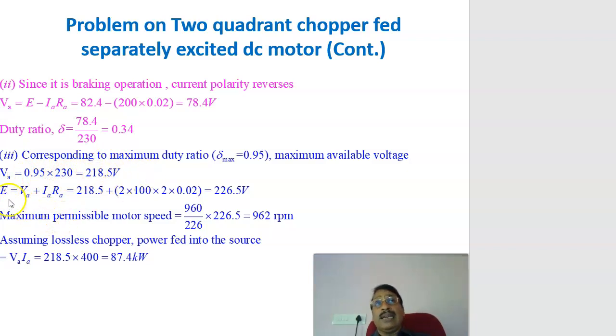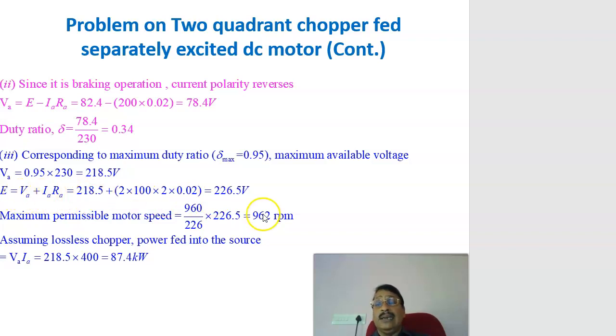Now the corresponding back EMF you can calculate, which is equal to 218.5 plus the current, which as stated is twice the rated current, so I_a equals twice 200, into R_a.